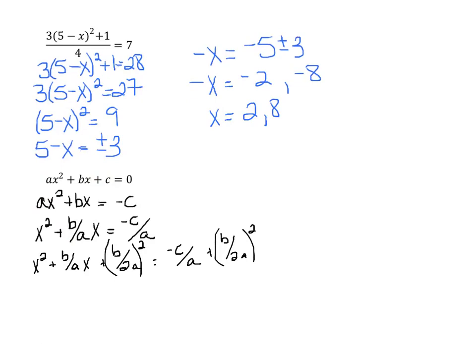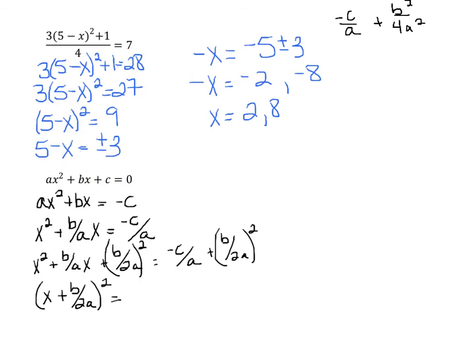Now, since we've completed the square, we can rewrite this. And what I'll do here is simplify all of this. What happens on the left, I'll actually show you at the top of your screen. You have negative c over a, and b over 2a quantity squared becomes b squared over 4a squared.